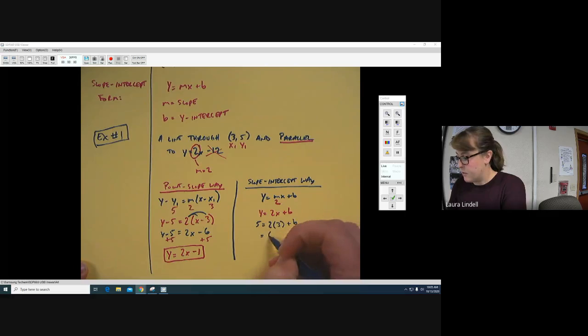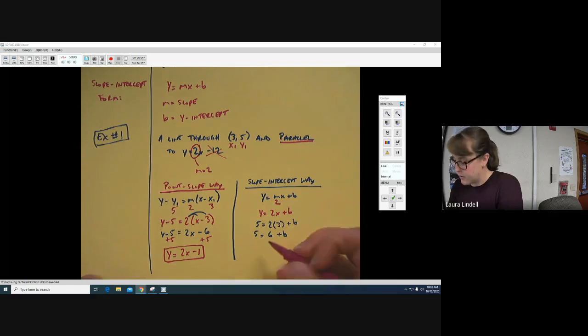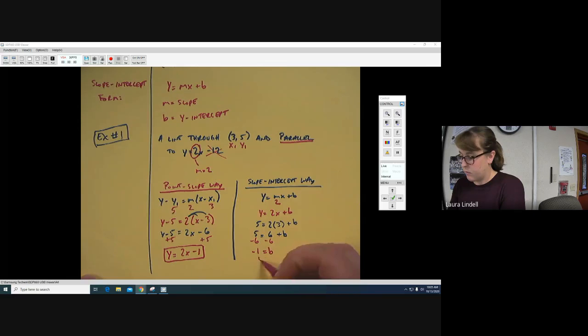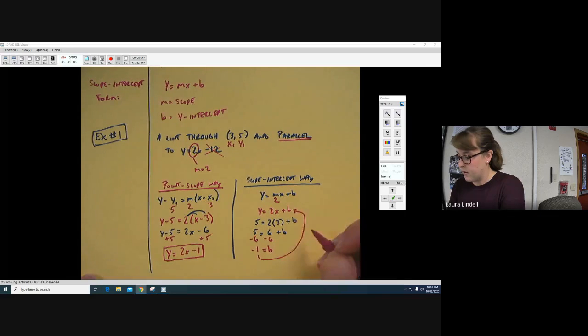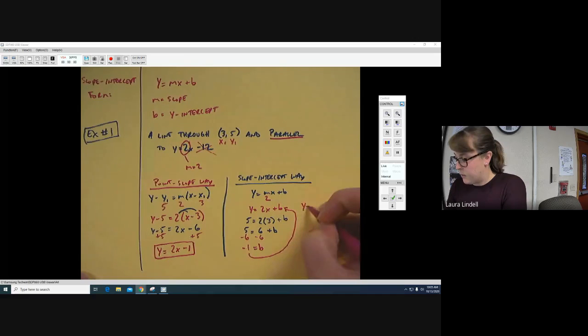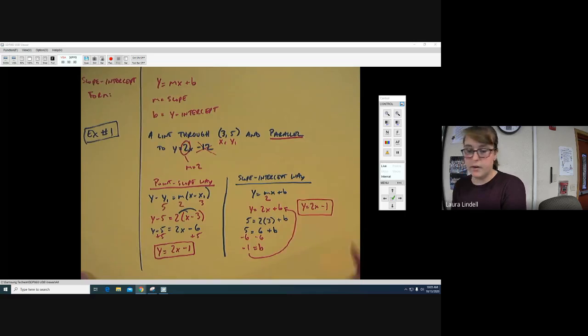So 3 times 2 is 6. And then I can just subtract 6 on both sides. We get -1 equals b. So then we go back up here and plug in b. So we get y equals 2x minus 1 since b was -1.